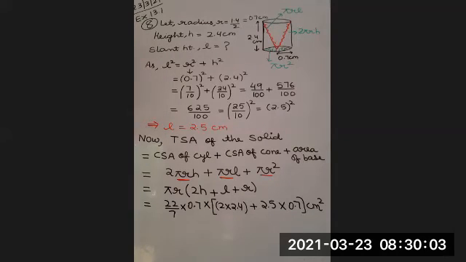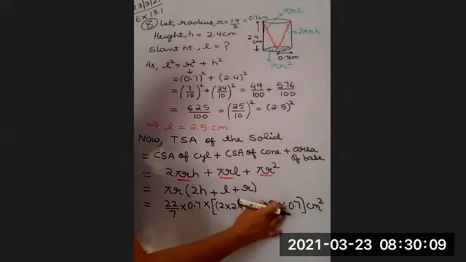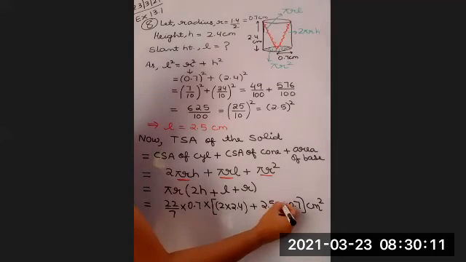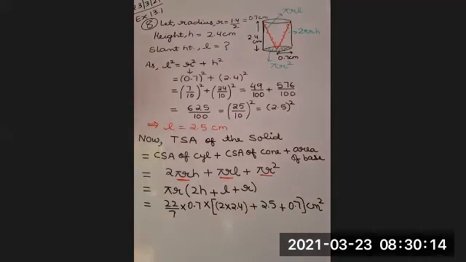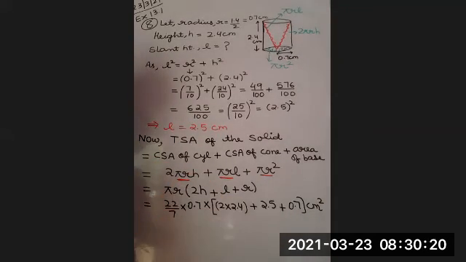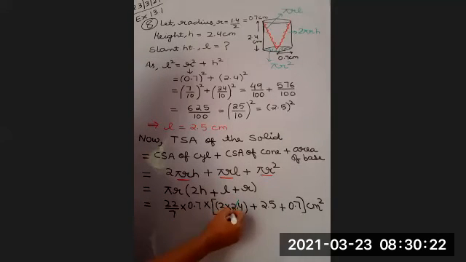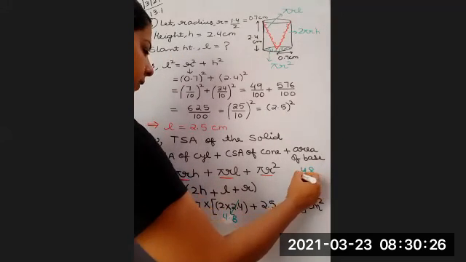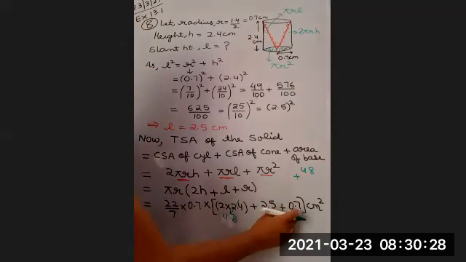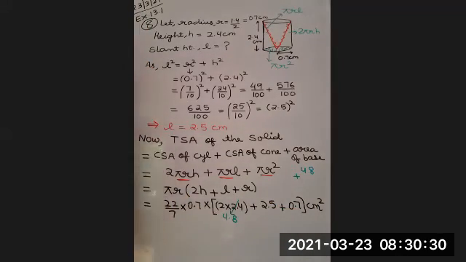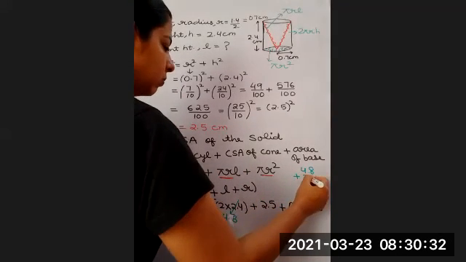Now 2 into 2.4 becomes 4.8, and 2.5 plus 0.7 becomes 3.2.